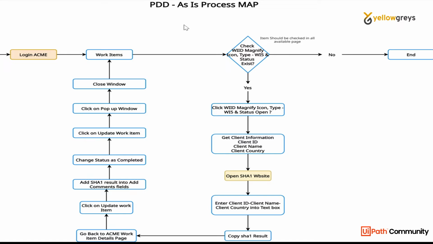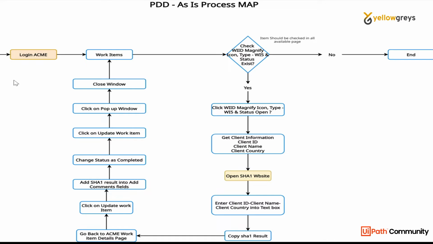Coming back to this PDD as-is process map, we are going to do a practical demo session in the upcoming video. Before that, I want to show you the process flow and what I'm going to cover. This process is not the workflow that UiPath provides; it is different from that.